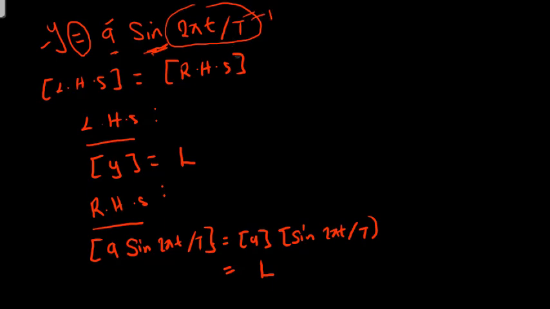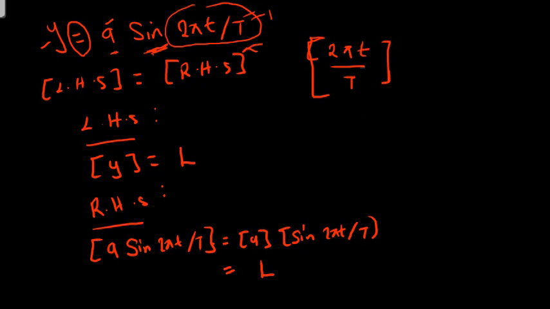So let's first check the dimensions of its argument. So the argument is just 2 pi t over T. So we are saying dimensions of the argument of the trig ratio, 2 pi t divided by T, right? Okay, so the dimensions of this must be equal to 1 if this trig ratio is dimensionless.